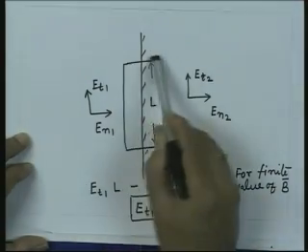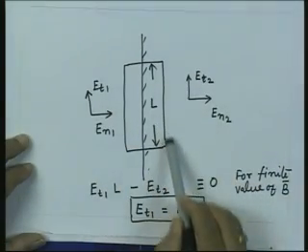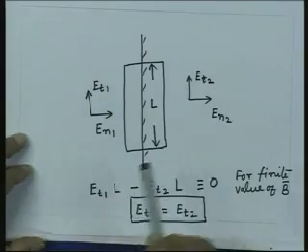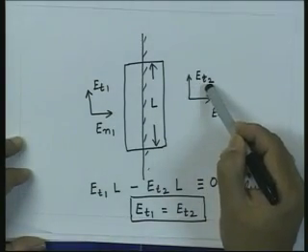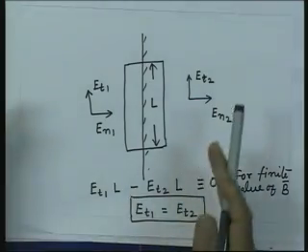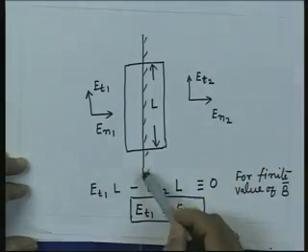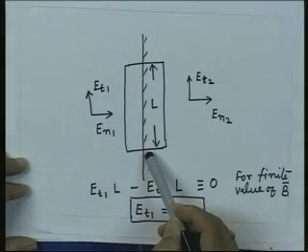However, if I take a loop in the clockwise direction, then the direction of the line integral which I am taking is opposite to the electric field direction, and that is the reason I have a minus sign here. So, in the limit when I make this loop shrink to a thin sheet across this line, the line integral contribution coming from these two sides will go to 0.